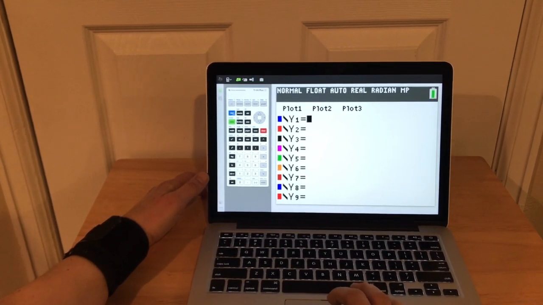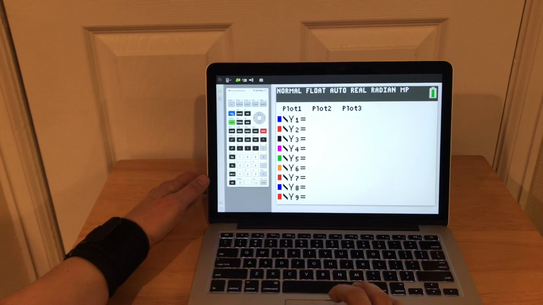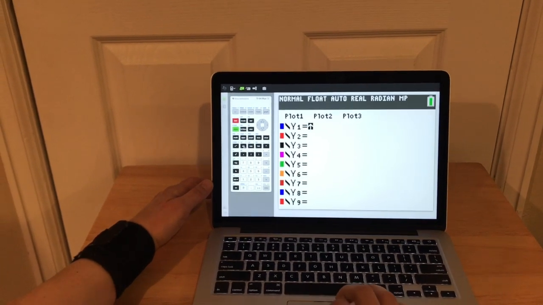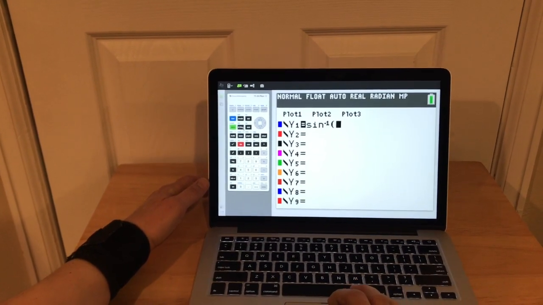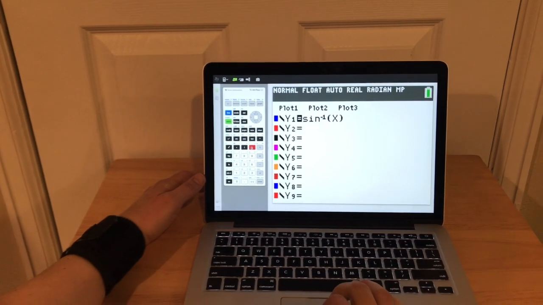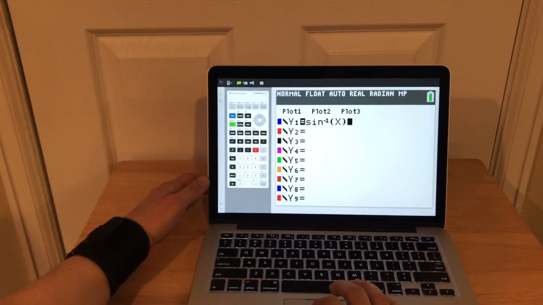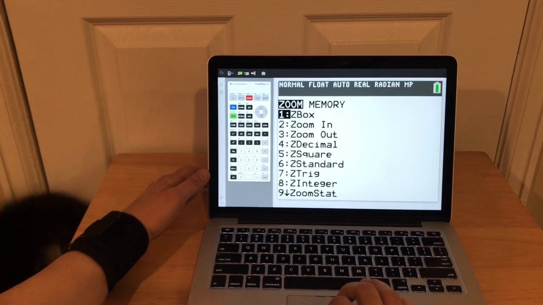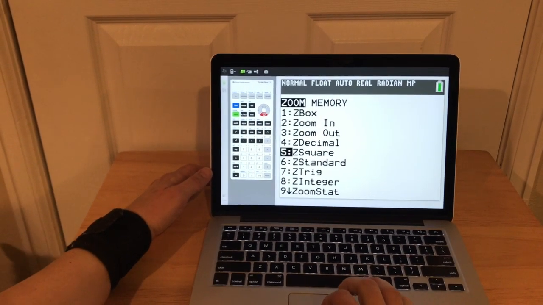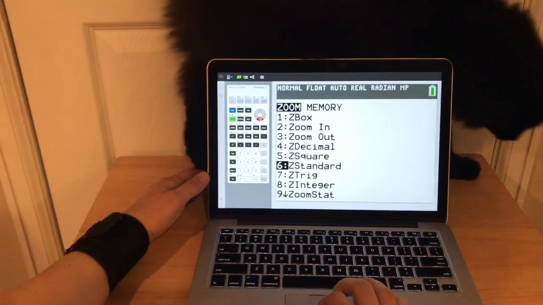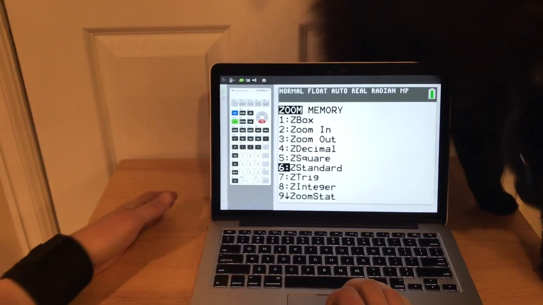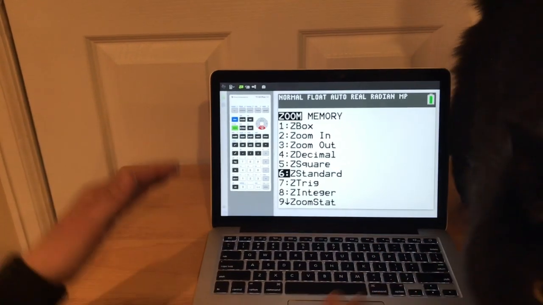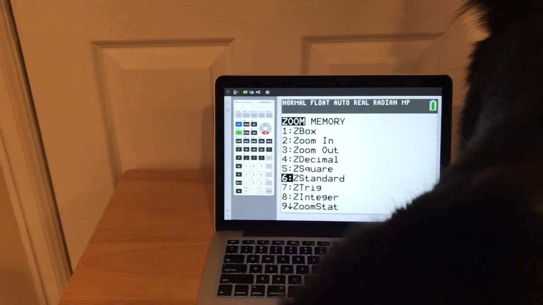So we have y equals, if I want to graph the arcsine or inverse sine function, I hit the second button and then sine. So now I have inverse sine of x. And to start with this, I'm going to start with a zoom standard. Zoom standard gives us x values from negative 10 to positive 10 and y values from negative 10 to positive 10.